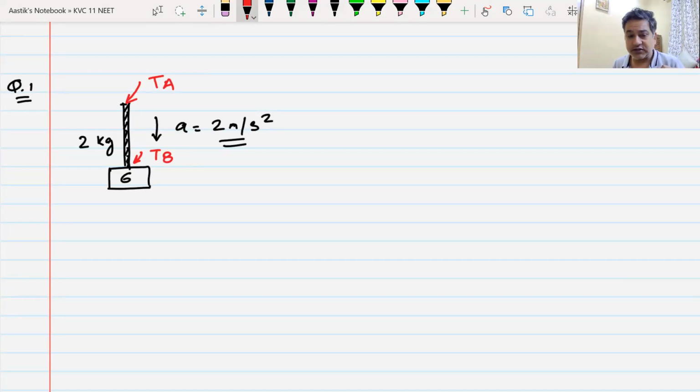We understand this question? Yes or no? Tension at the upper end, tension at the lower end. Acceleration is given to you. I will give you 2 minutes to do this.